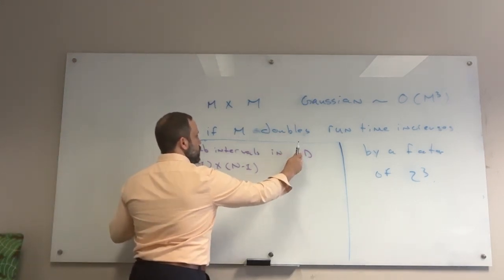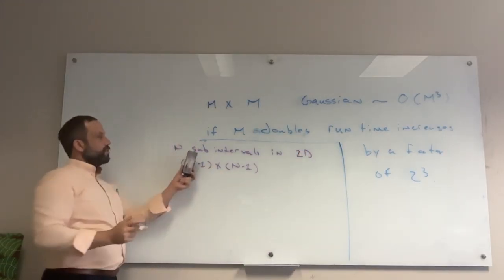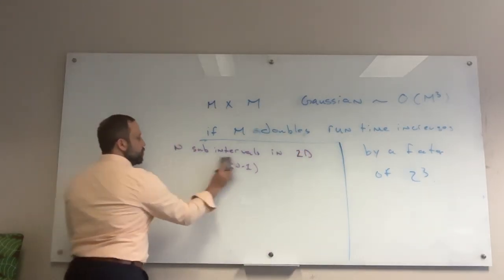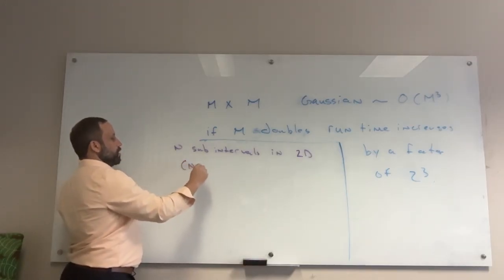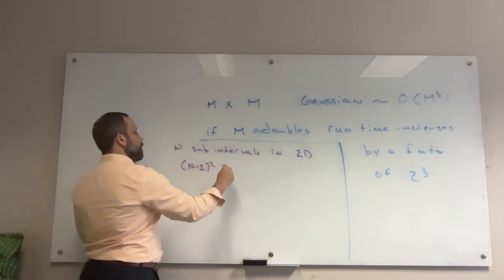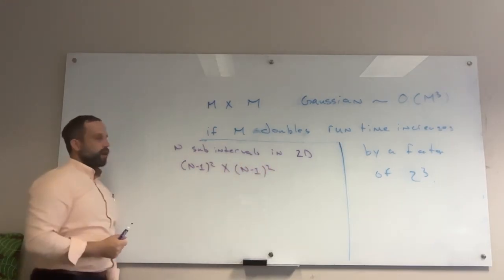In 2D, if we divide the x and the y axis up into n subintervals, we're going to have an n minus 1 squared by n minus 1 squared matrix.